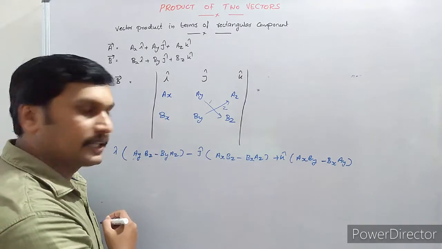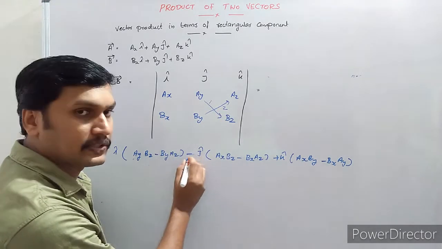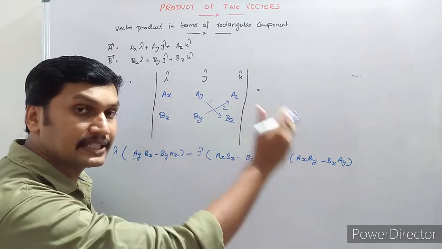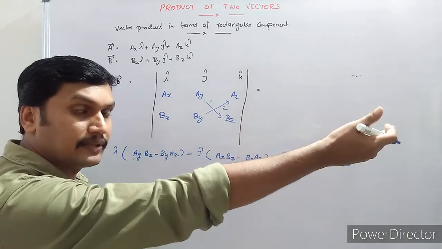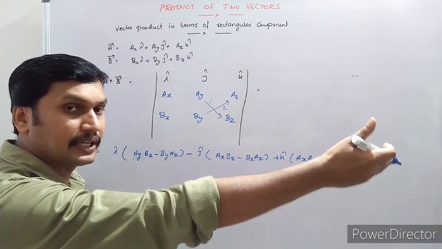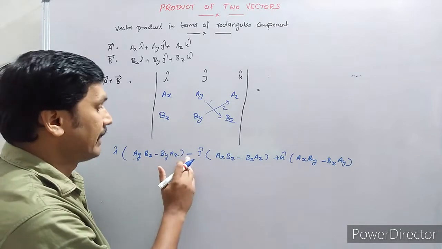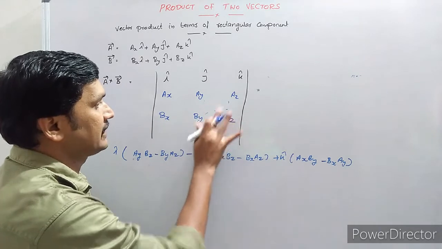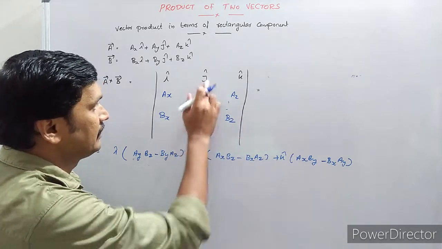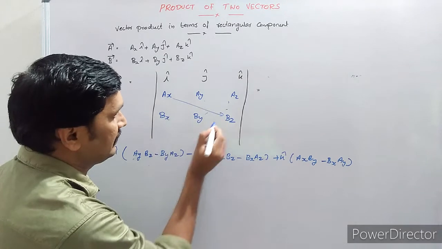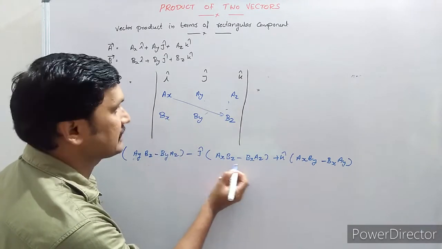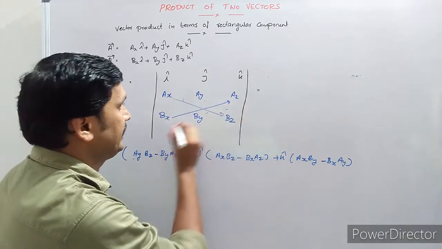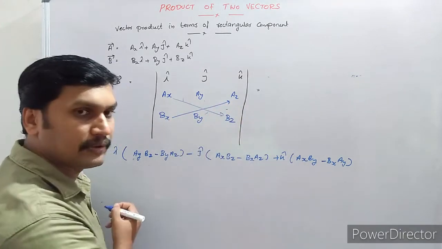The alternate terms will be plus and minus. The second term is minus, the third term is positive, and the fourth term, if there is any, will be negative, in this order. So the second term is minus j into ax bz minus bx az.